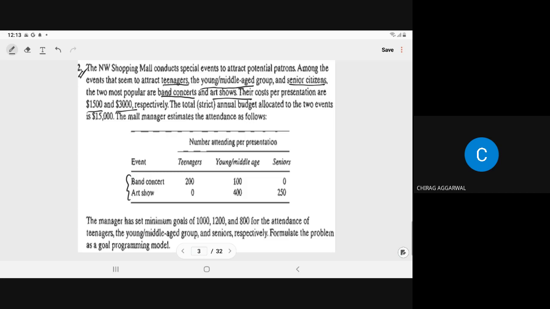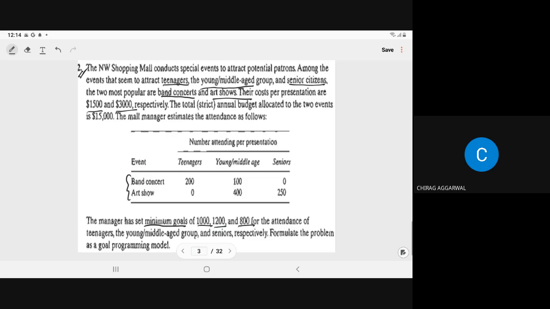The manager has to set the minimum goal. Now they want the objective. They decide a minimum goal of 1000, 1200 and 800 for attendance of teenagers, young middle aged group and senior group. So the objective is to attract at least 1000 teenage customers.